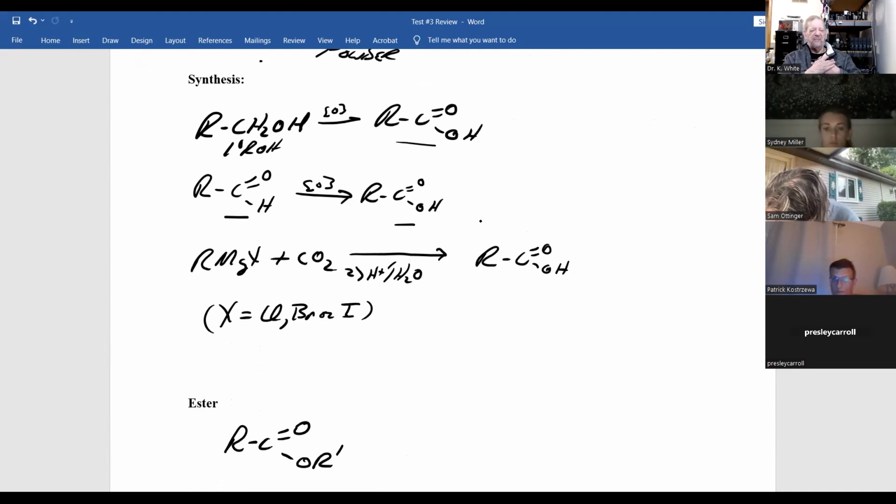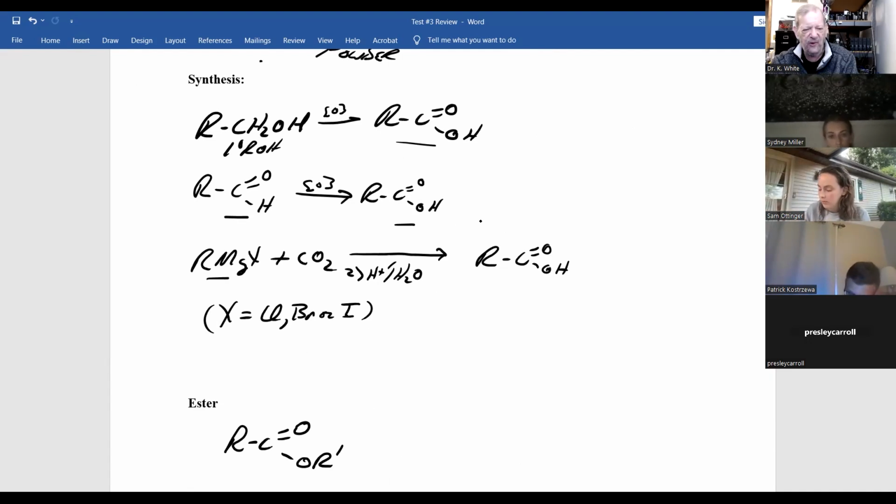And then something that makes me happy and one of my favorite areas is a Grignard reagent. And if you take a Grignard reagent and react it with carbon dioxide, see that's CO2, second step acid and water, where X can be chlorine, bromine, or iodine, you get a carboxylic acid that's one carbon longer than the carboxylic acid you start with.